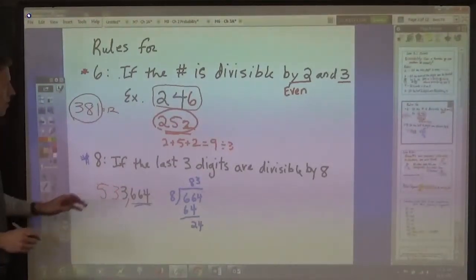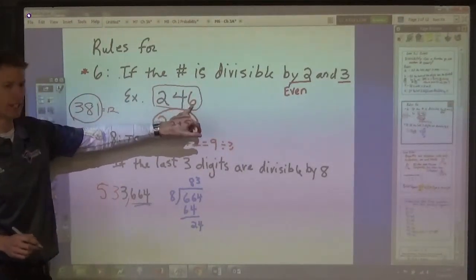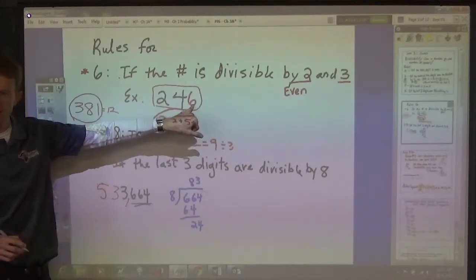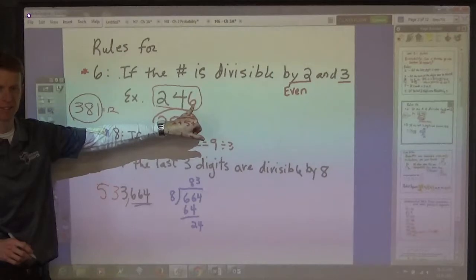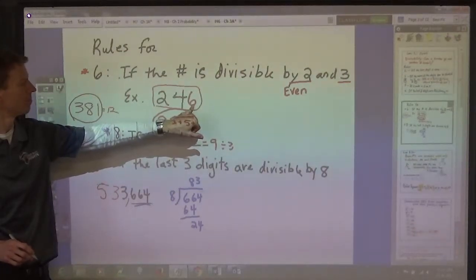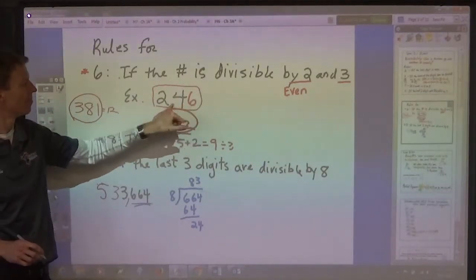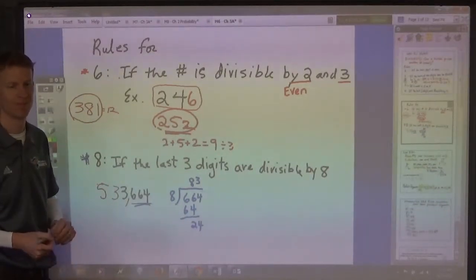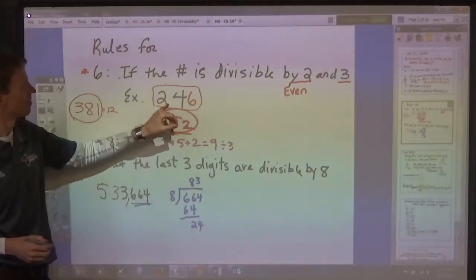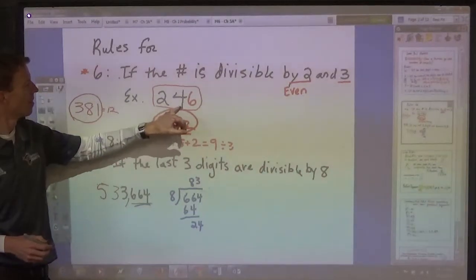So look at this one, 246. This ends in a 6, but is it divisible by 6? Yes. It is. It's 41.